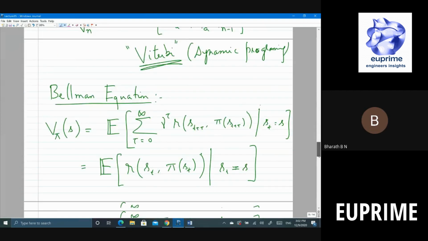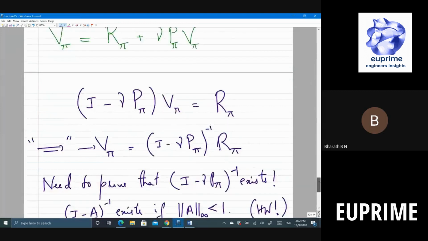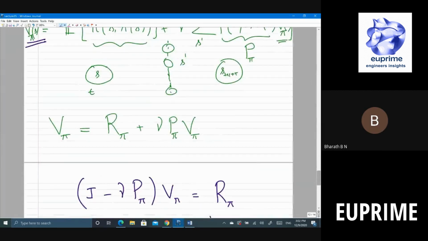So we basically proved that the value that you get as a consequence of you taking policy pi is given by this expression: R pi, that is the reward vector when you follow pi, plus nu, the discount factor, times P pi, the transition probability matrix when you take policy pi, times V pi again.